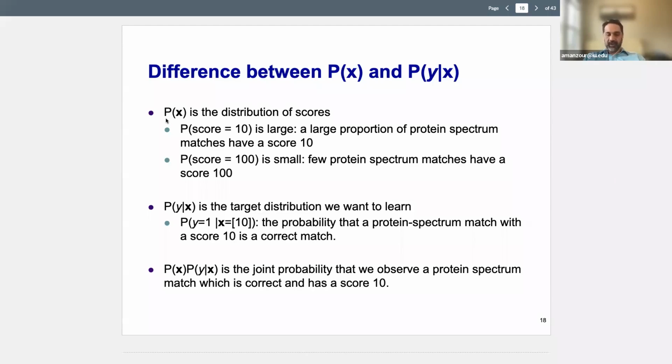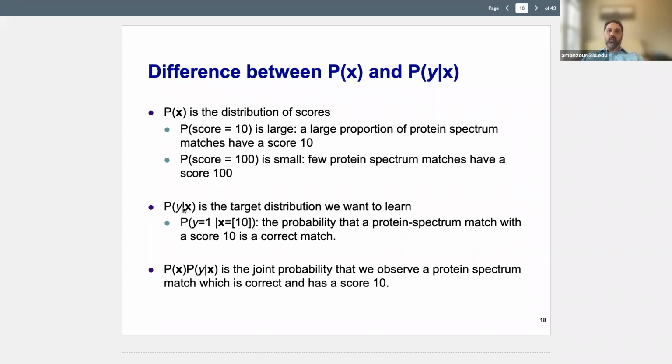Maybe there's inherent noise, maybe there's other things, but we see a trend of scores. And we might see a score of 10, for example, much more frequently than a score of 100, because a score of 100 is more rare to occur. That's when you have an exact known protein, for example. That would be my P of X. It would look like a function over all possibilities of X, and it would tell me basically the expected frequency of a particular score if I look at that graph.